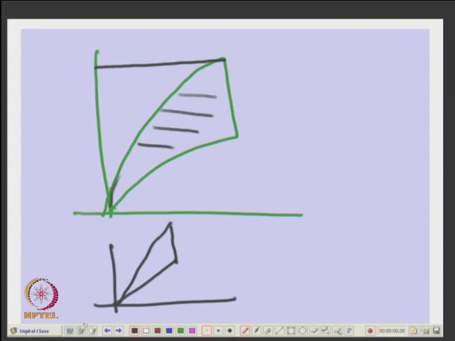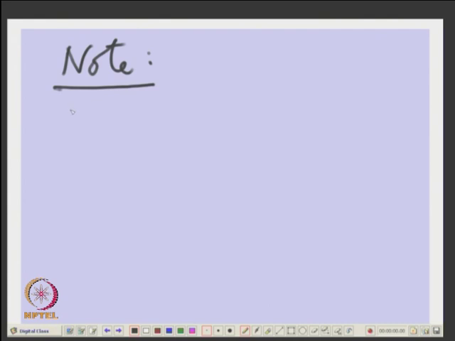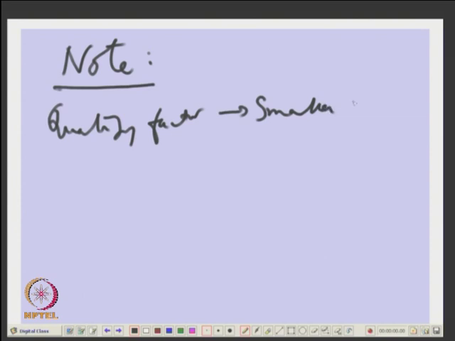Therefore, the few points which I want you to note is, one is this quality factor is smaller with saturated machines, okay.